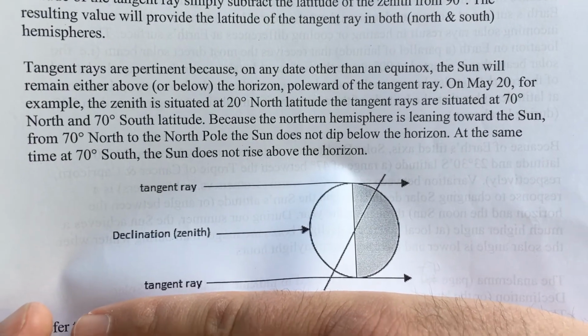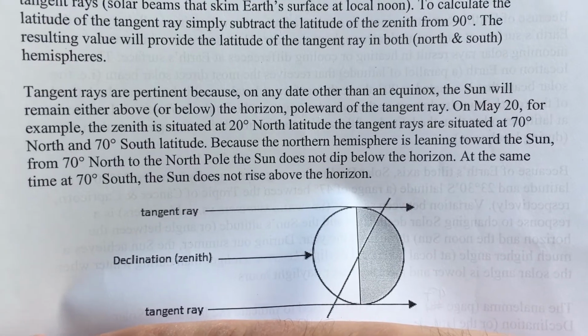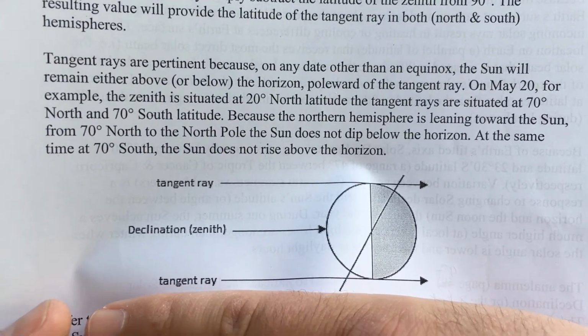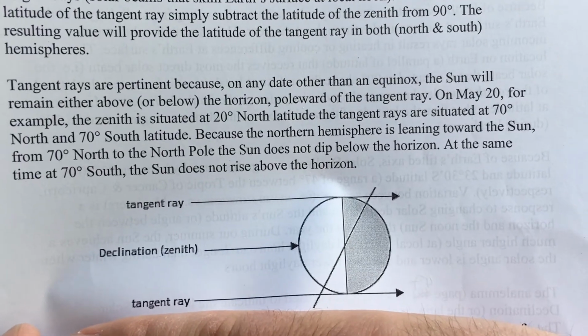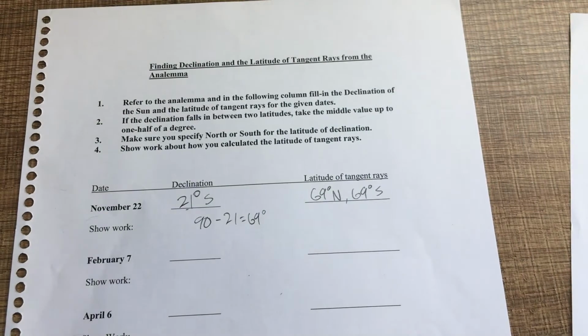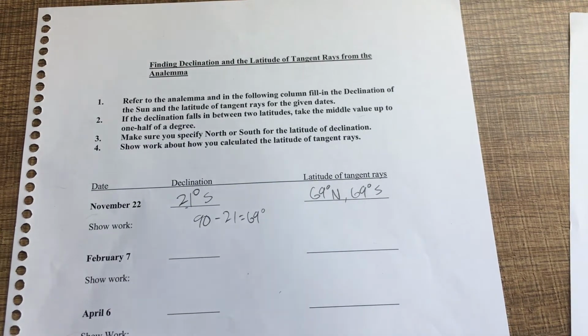So those tangent rays are what we're looking for. 90 minus the zenith gives one tangent ray, north and south are going to be equal, and the two should add up to make it all work out.